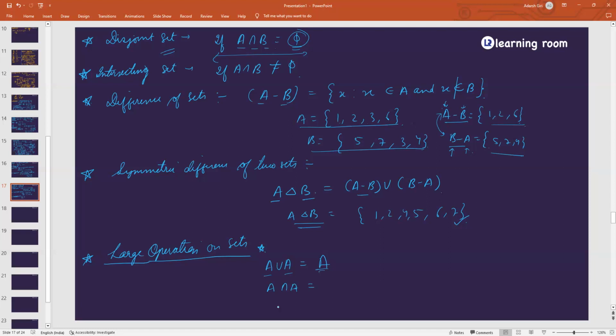A. I want to find the common elements between A and A, that is A only. Right? A union phi, what will that be? Again A, because A already contains phi.